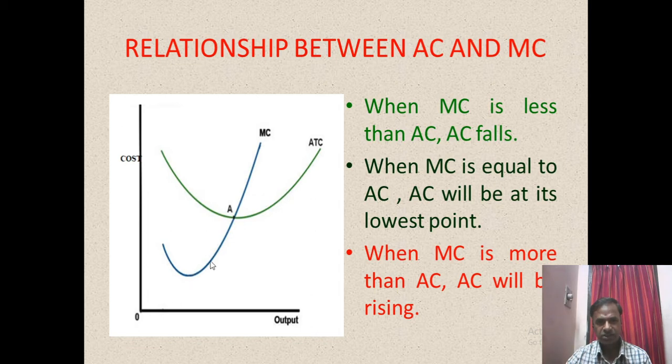When MC started to rise, still the ATC is falling. That's why we cannot say when MC falls, AC also falls. So AC falls only when MC is below ATC, and AC rises only when MC is above ATC. So this is the relationship between AC or ATC and MC.